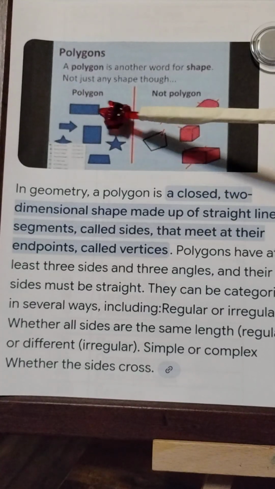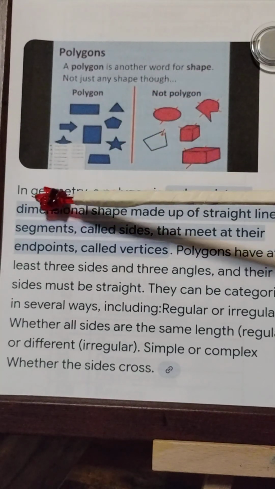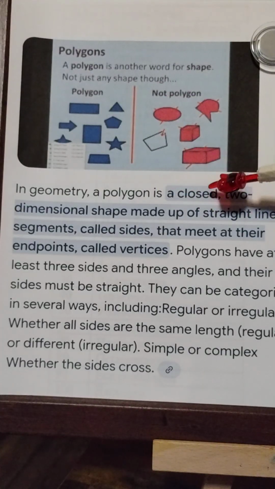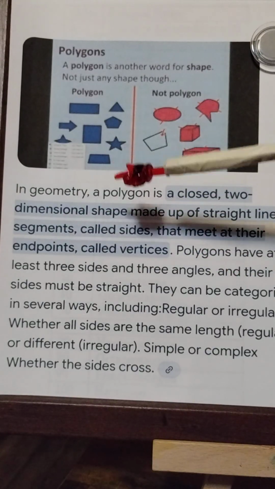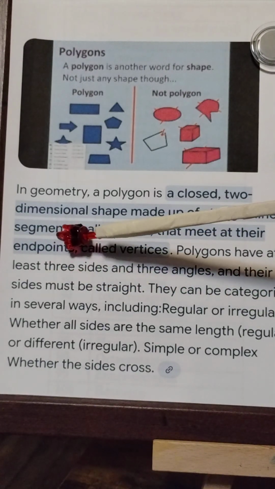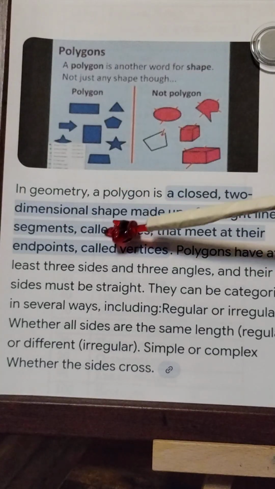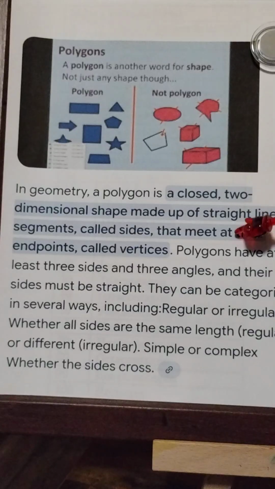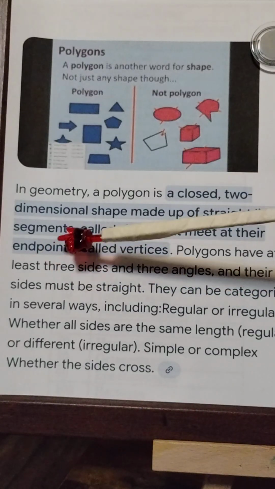Polygons are these shapes. So it says in geometry, a polygon is a closed two-dimensional shape made up of straight line segments, segments meaning parts, called sides, that meet at their endpoints.